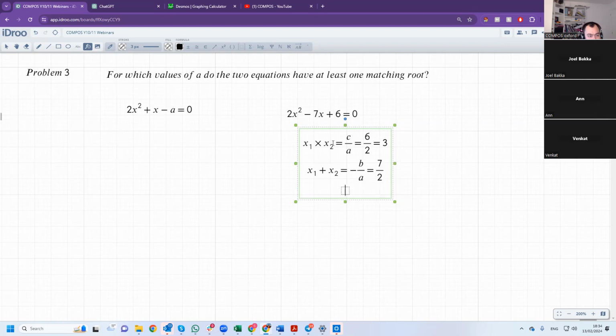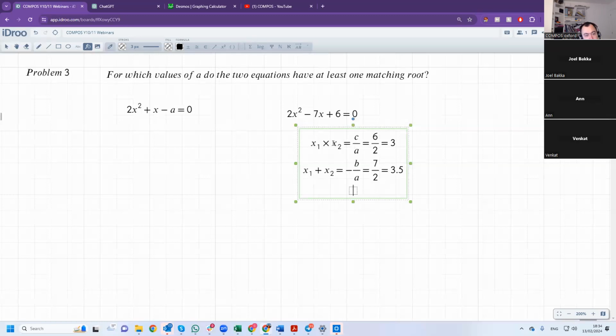So which two numbers, when multiplied, make 3, and when added, make 3.5? Well, that's 2 and 1.5.